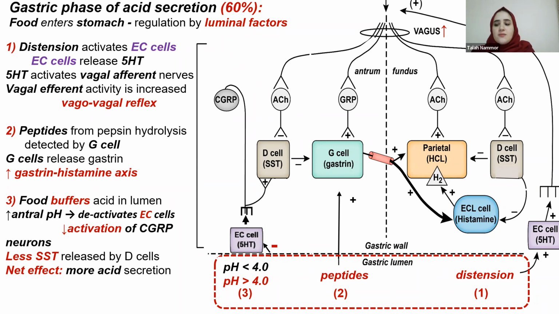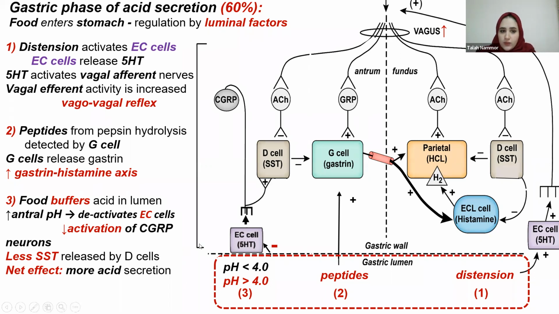Mechanoreceptors are receptors that sense any change in movement, they sense the stretch. So this distension causes the activation of the enterochromaffin cells.